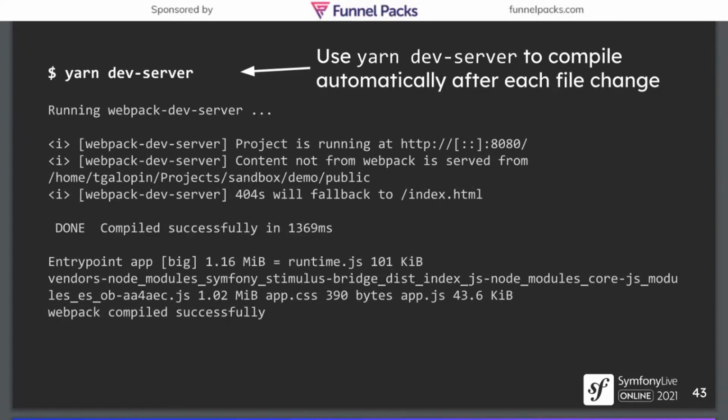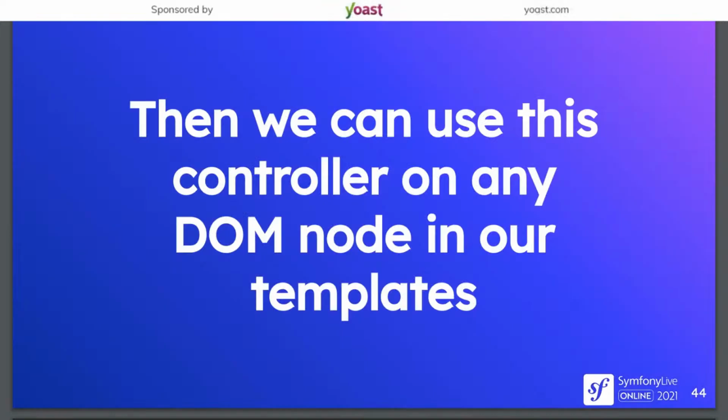We can also use yarn dev-server, which is a nice little tool that automatically builds the JavaScript you modify live, so that you don't have to run yarn dev each time you change something.